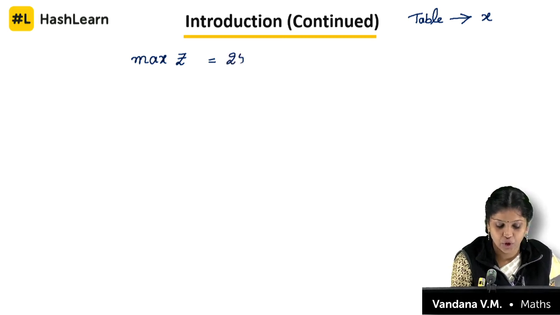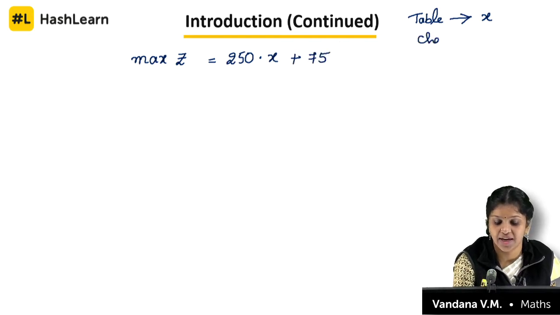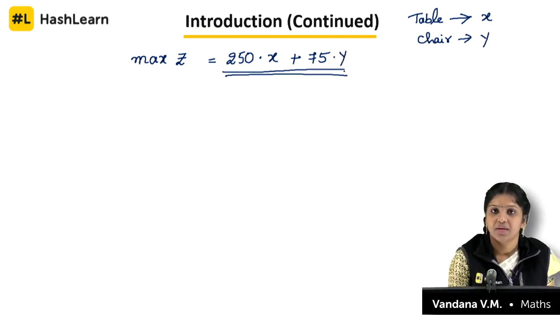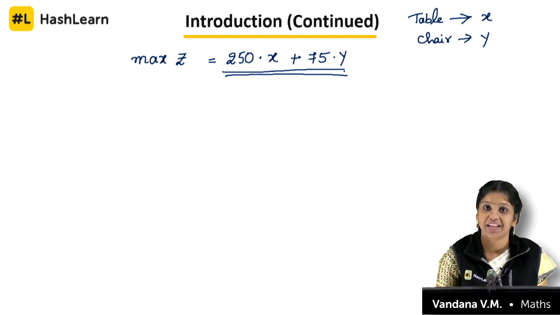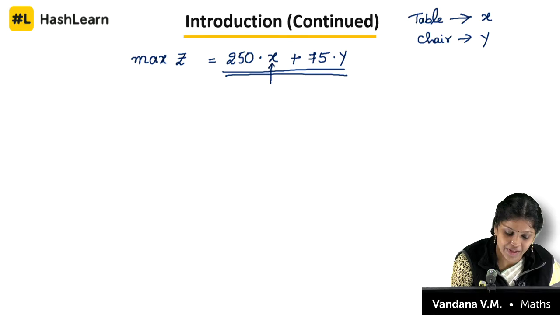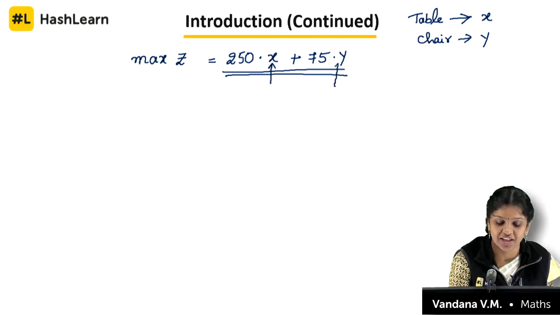So Z equals 250 into X plus 75 into Y, where the chairs I take as the variable Y. When I multiply this profit, I should get the maximum profit. I should know how many tables I have to buy and how many chairs I have to buy.